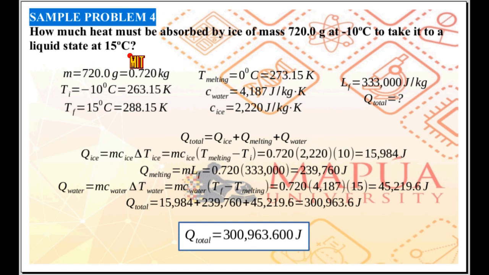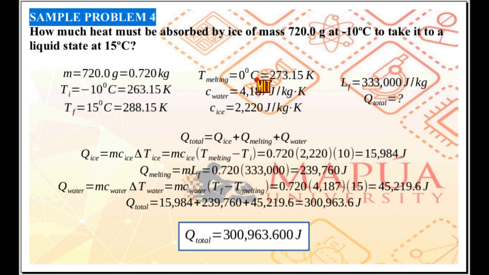Now, the process is you have ice, solid H2O at negative 10 degrees Celsius. If we add heat to the ice, it will increase in temperature, will undergo temperature change until it reaches the melting point temperature of ice. So the temperature change of the ice will be from initial temperature, negative 10 degrees Celsius, to melting point temperature of ice, 0 degrees Celsius.